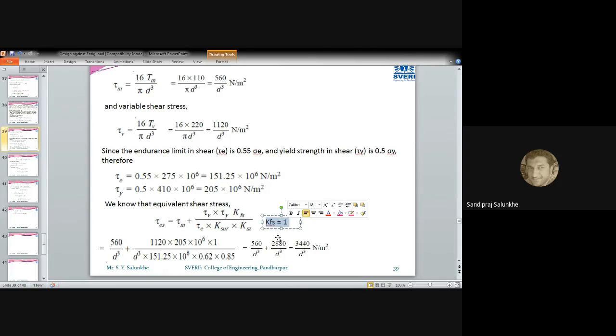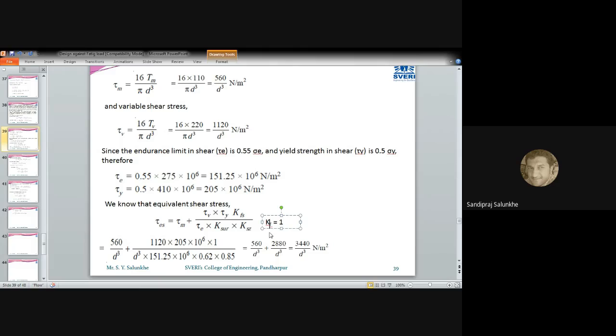Who can understand that this theoretical or fatigue stress concentration factor Kf we have to take as 1? Who will decide it? Because in the problem statement it is mentioned that there will not be any keyway. It means that stress concentration is not present. And if stress concentration is not present, then we have to take that factor as 1.